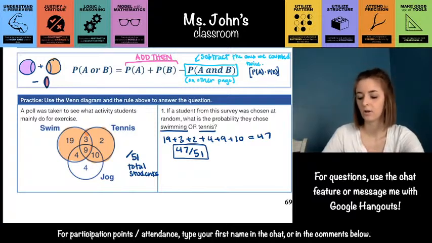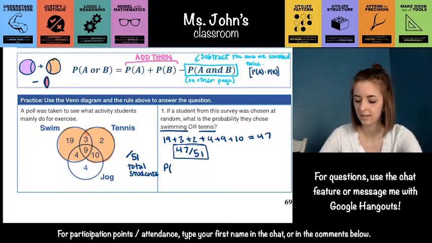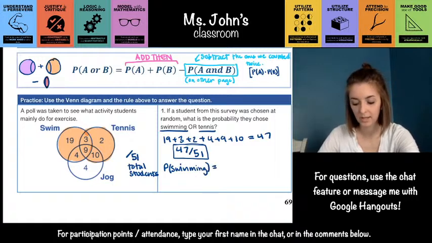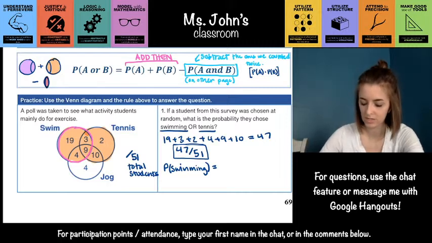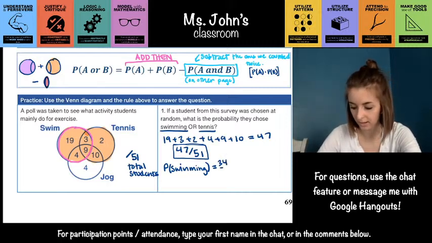I also just wanted to show you what it would look like for us to use the formula for this. So we're going to calculate the probability of swimming first. The probability of somebody choosing swimming is just this inside the circle for swim here: 19 plus 3 plus 4 plus 9, which equals 34 out of 51, I believe. No, 35.